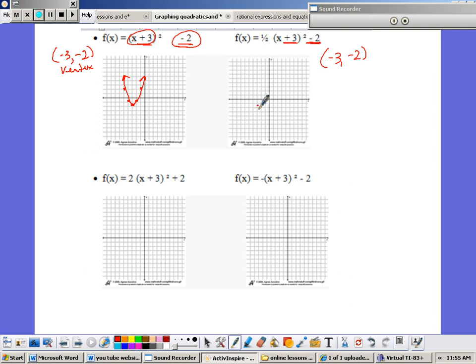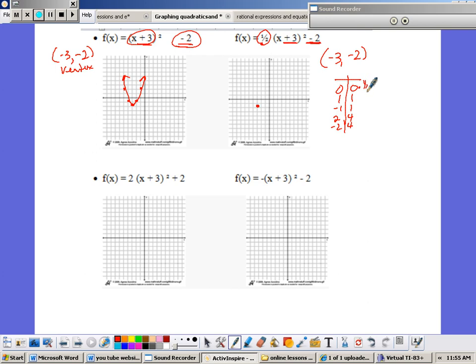So -3, -2. But I have this half in the front. That is a compression factor, which means my parabola is going to look shorter and chubbier. It doesn't get shorter, in fact, because of the absolute, the infinities, but it kind of looks shorter in your mind. So you have 0, 0, 1, 1, -1, 1, 2, 4, -2, 4.